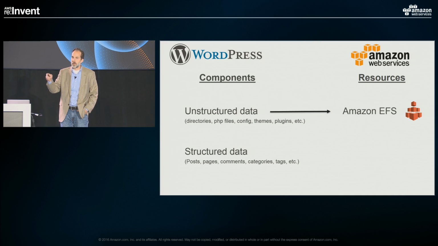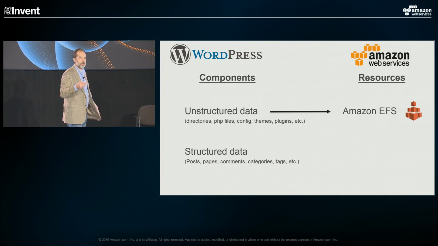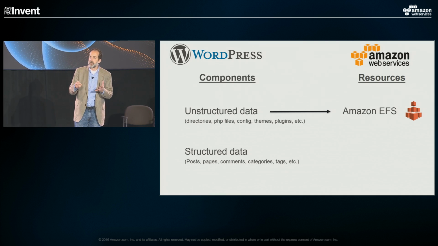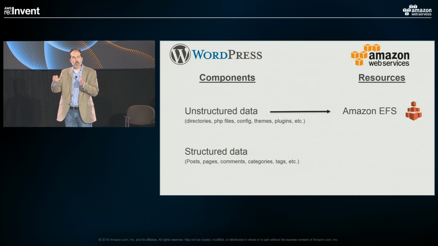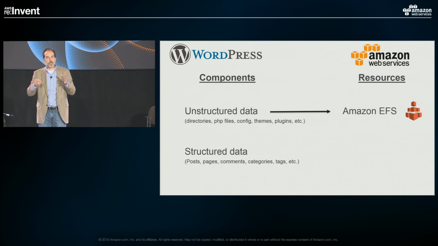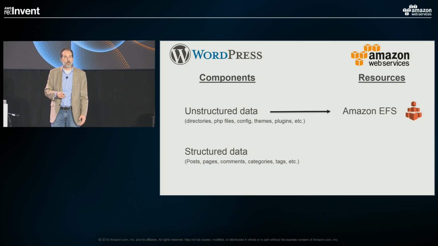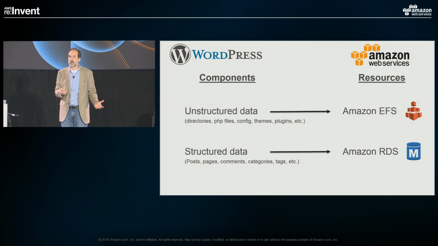That's where we're going to store those PHP files, the themes, the plugins. Those are some of the challenges that a lot of users and administrators have: when they start installing these plugins and themes, it's going to be installed on maybe that local instance, and then you have to do that multiple times as you expand your WordPress fleet. So we want to store that in a file system that is shared among a number of EC2 instances. And that structured data we're going to put in RDS, of course.